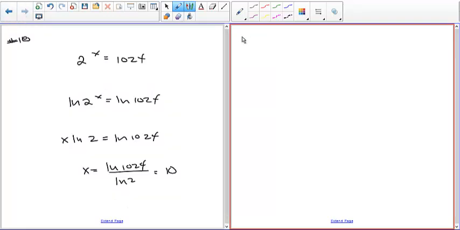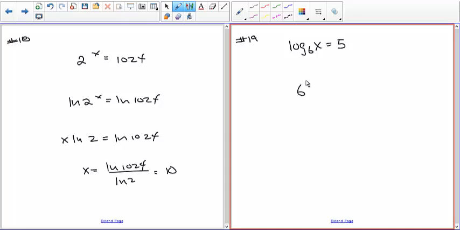Okay, number 9 is a logarithmic expression. In this case, because it's a logarithm, you have to convert this to an exponential or use exponentials to solve for x. In this case, it is important what the base is, and the base is 6.